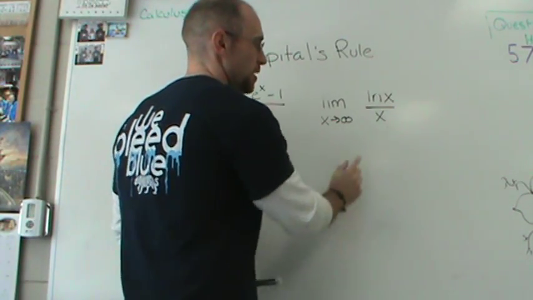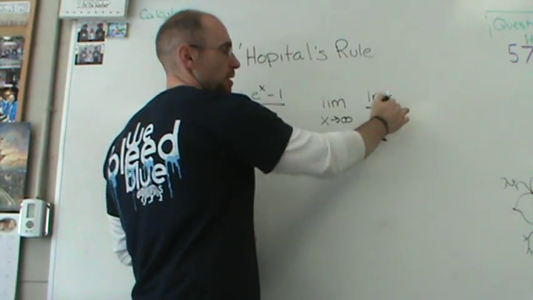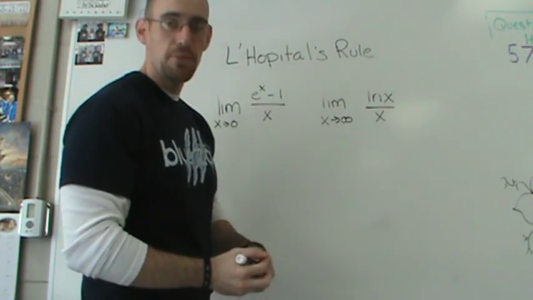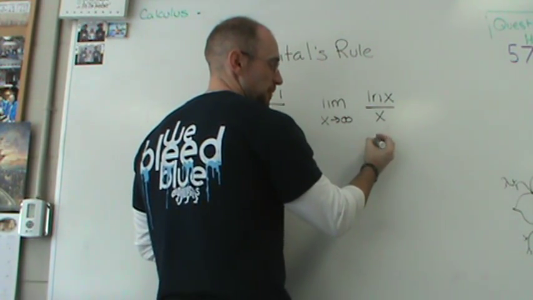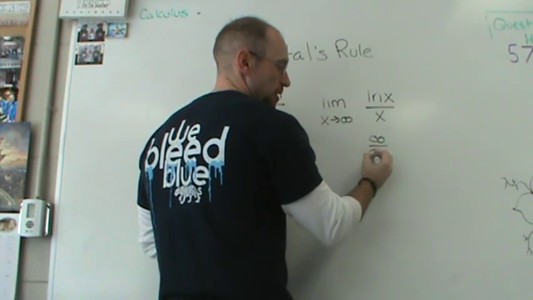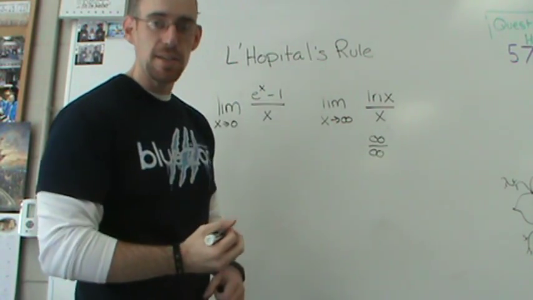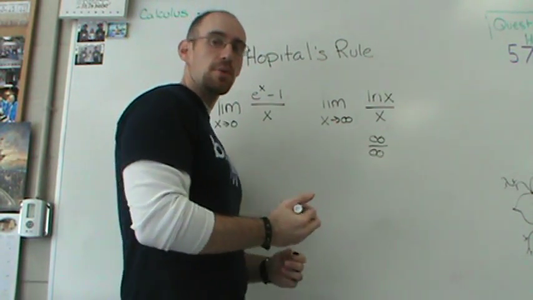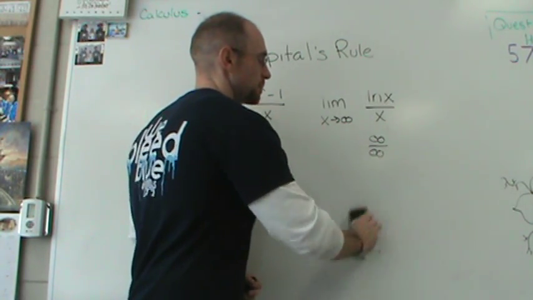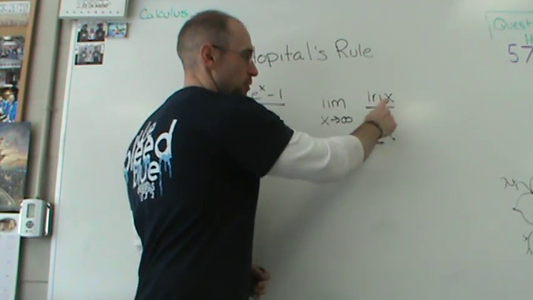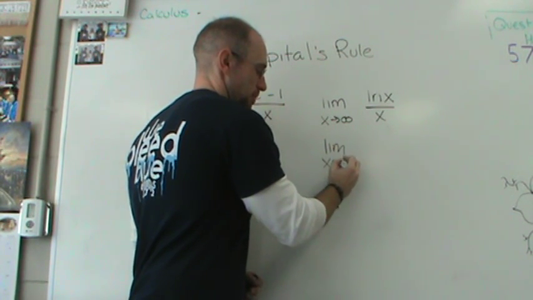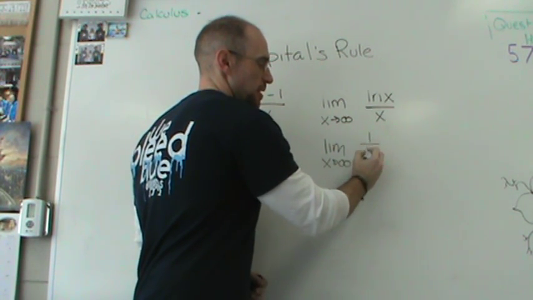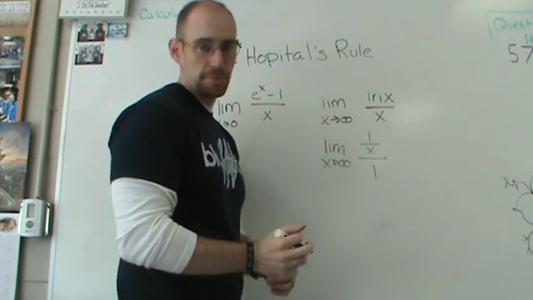All right, let's take a look at this one. If we put infinity in here, natural log of infinity goes to infinity. So this is going to be infinity over infinity. This is our second indeterminate form. So what we're going to do now, same idea. Take the derivative of the top, 1 over x, over 1.